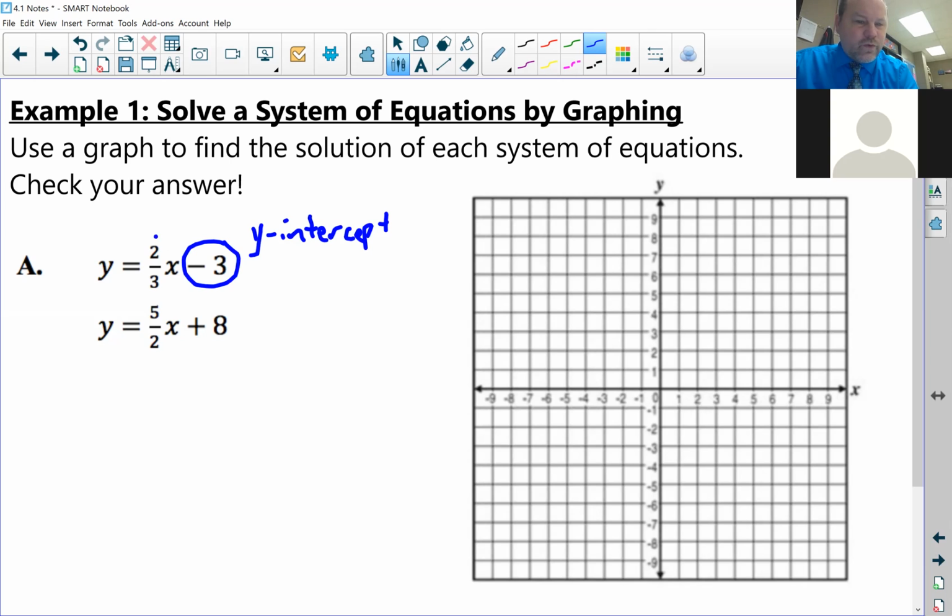And after I graph the y-intercept, I'm going to graph other points using the slope. So my y-intercept is -3. My slope is 2/3. And I'm going to use rise over run. So that says I go up 2, right 3. I go in the positive direction for both.